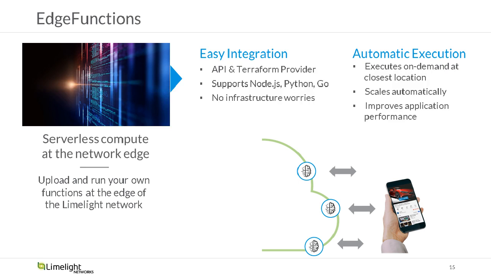Edge Functions supports a wide variety of languages that are in common use today: Node.js, Python, and Go. It has an intuitive API and powerful CLI to enable developers to get accomplished what they need to accomplish. And it's easy to integrate into continuous integration and deployment pipelines with our Terraform provider. So we're seeing customers looking to use serverless compute like Edge Functions to bring about the enforcement of complex business rules with some success.